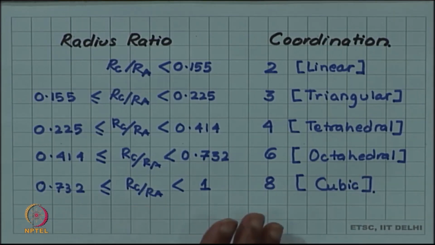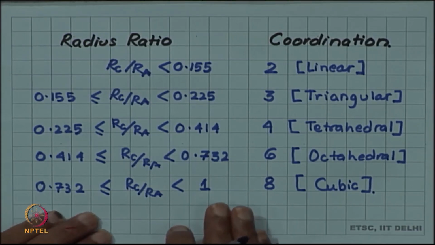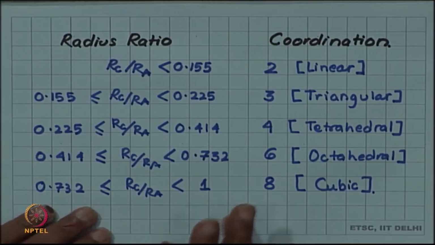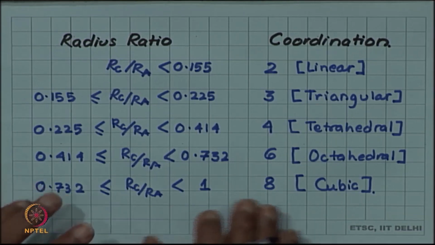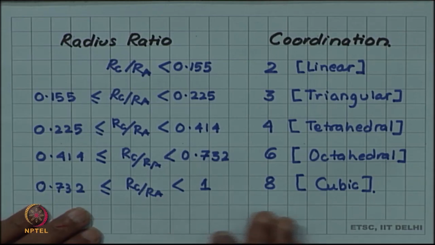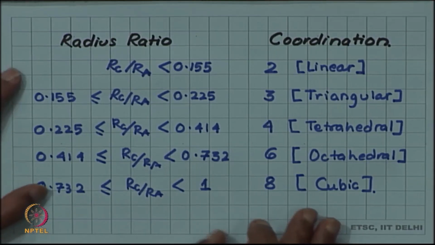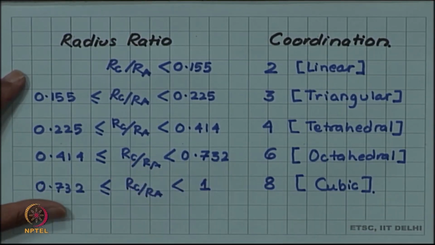You should not take this as some sort of fundamental law which has to be always true, but it is a rough prediction based only on the geometrical size of the cation and anion. You know that crystal structure or bonding is much more complex and many more phenomena happen, but this is a simple geometrical formulation which helps us in predicting the coordination number according to just the size ratio of cation and anion.